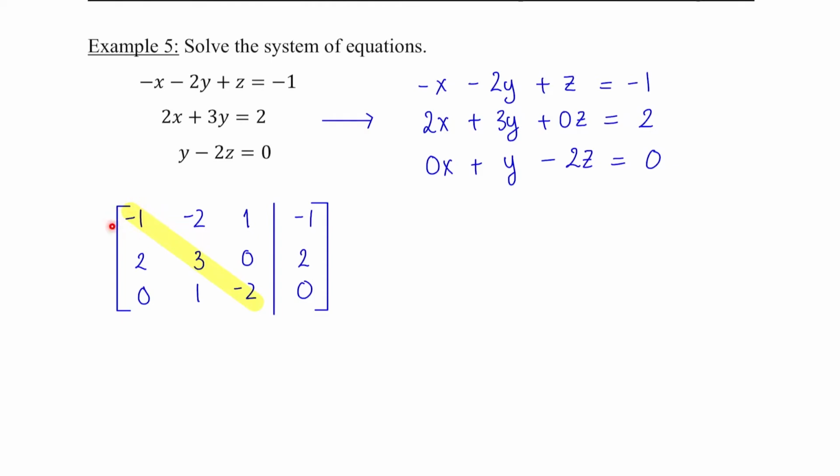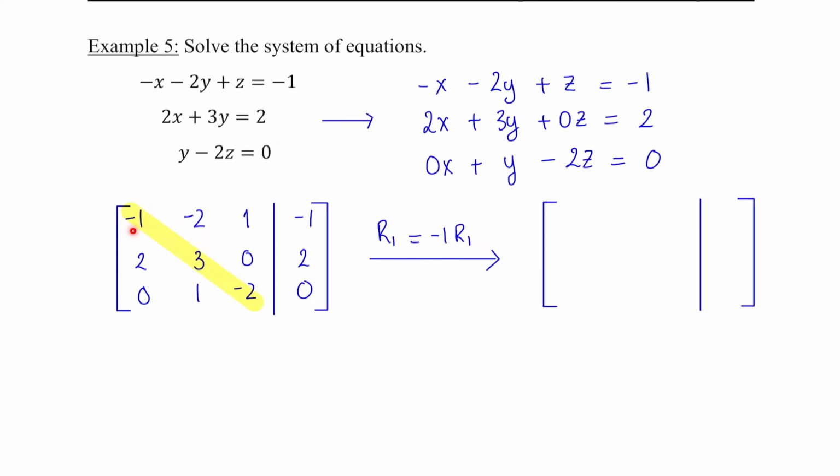The first element in my diagonal is negative 1. I want this to become 1, so I will multiply this by negative 1. What I'm going to do is multiply the first row by negative 1. This means my new row 1 will be equal to the original row 1 times negative 1.